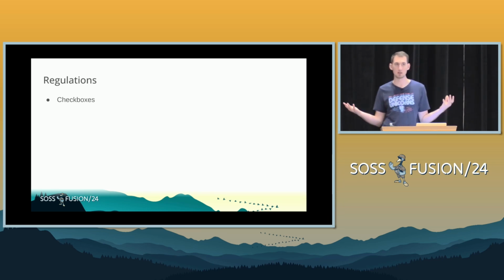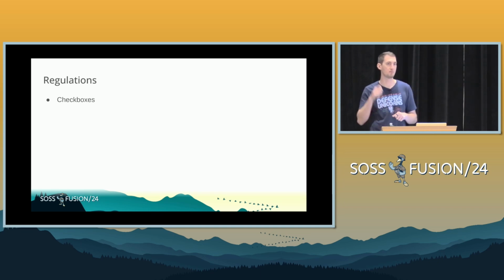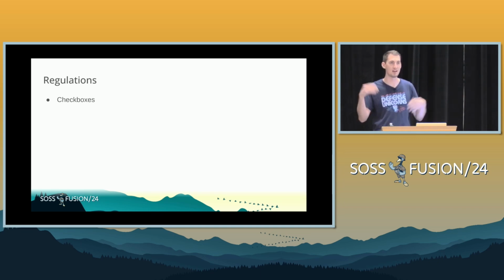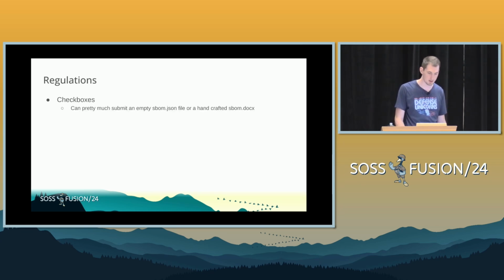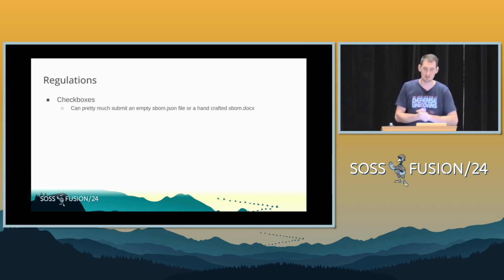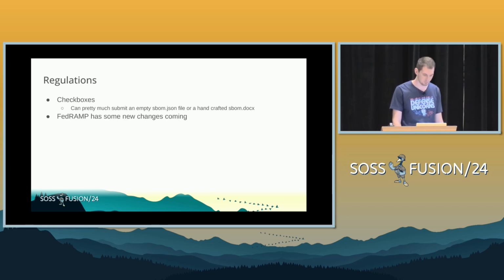You have some like 18-year-old airman who is responsible for saying, yes, this vendor that I'm buying software from has provided me an SBOM. They don't know what to do with opening this up, looking for it, validating it. They're responsible for checking a box, and that is what they do, they check the box. The reality means that you can pretty much submit an empty SBOM.json file or a handcrafted Microsoft Word doc, and it will still check that box. And that's not good at all.